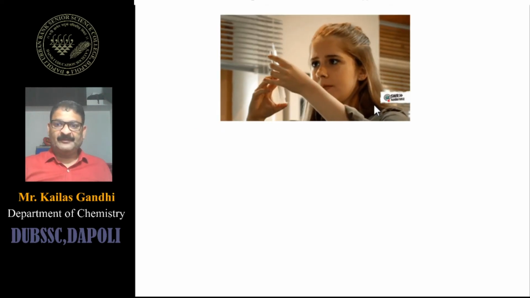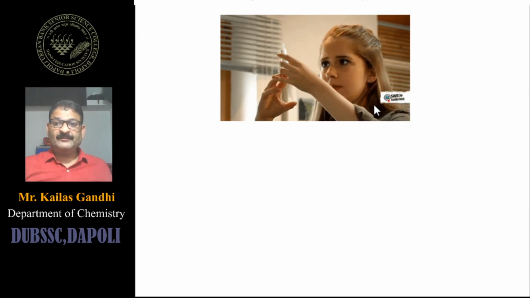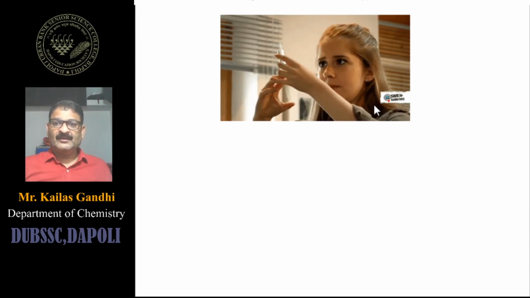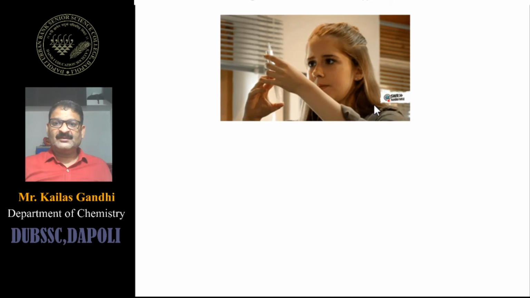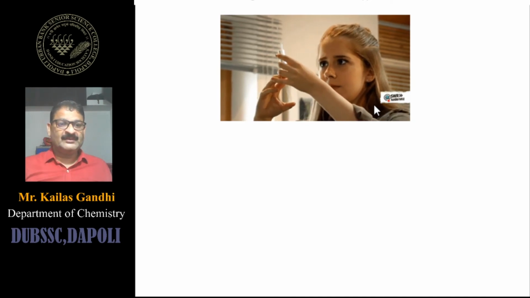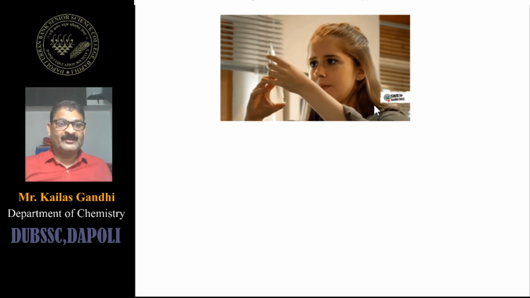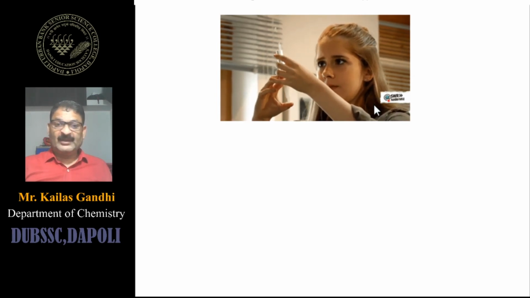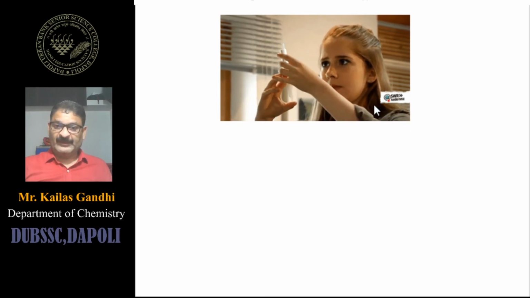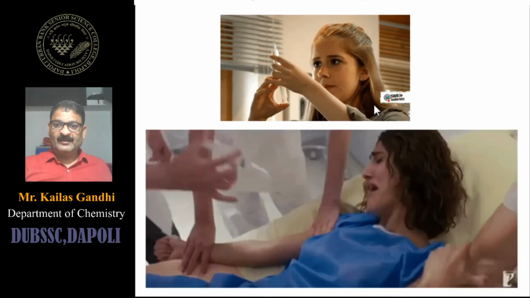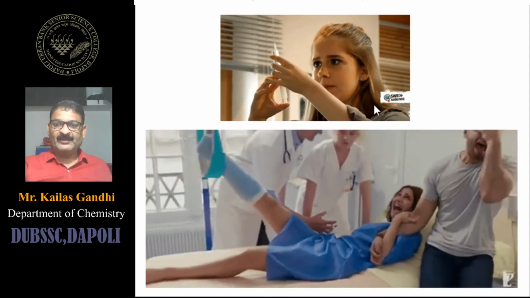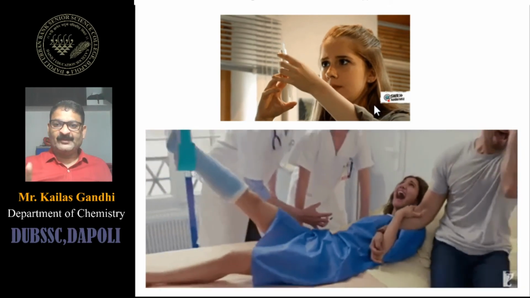So you can see the picture here. Injection: the nurse is actually filling the syringe, and when she is filling the syringe, what happens to the patient, you know that already. Here I am showing one picture with a GI image. This is one type of uncooperative patient.